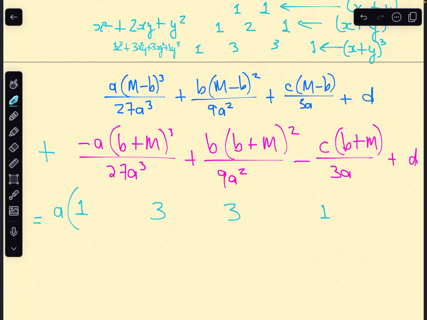Okay, so the first term is m, so that will be cubed, and then squared, and then m to the 1, and then no m.